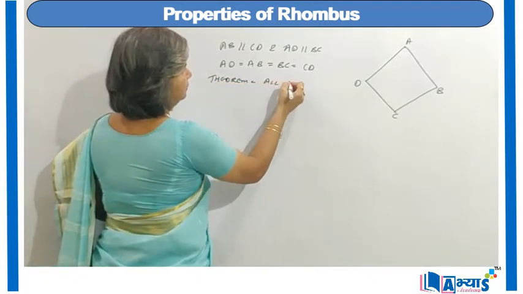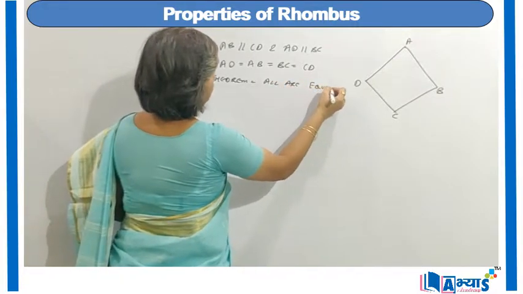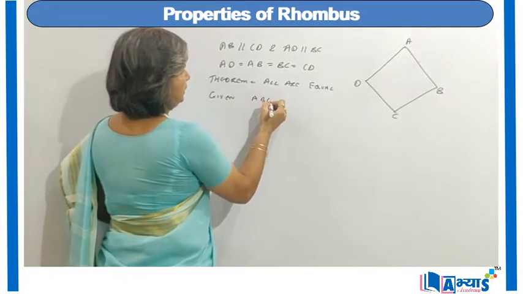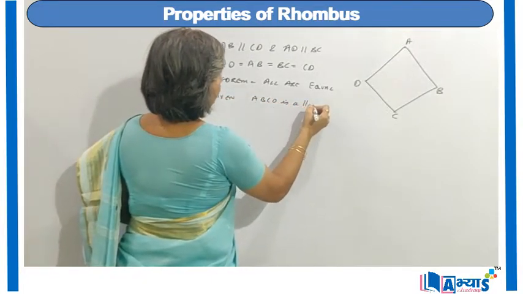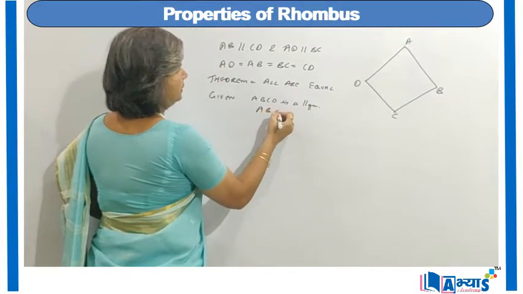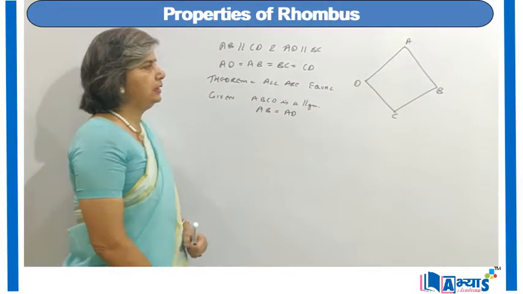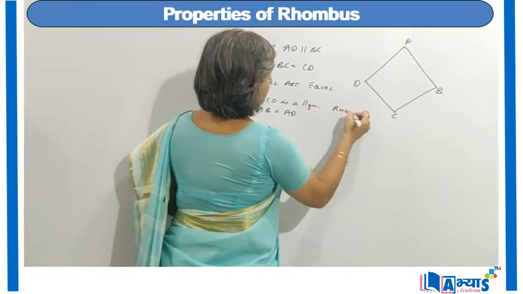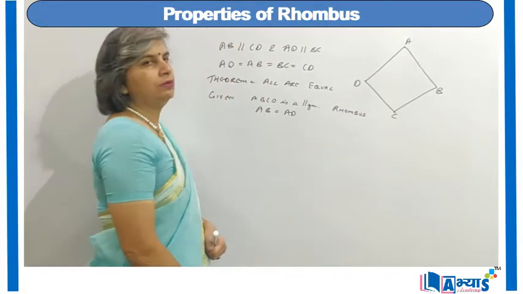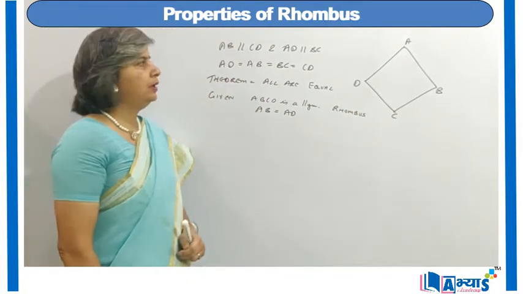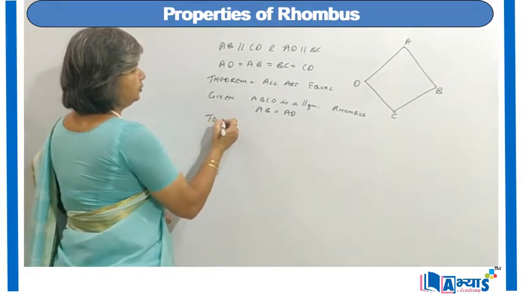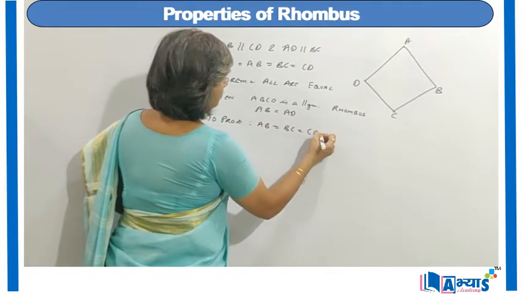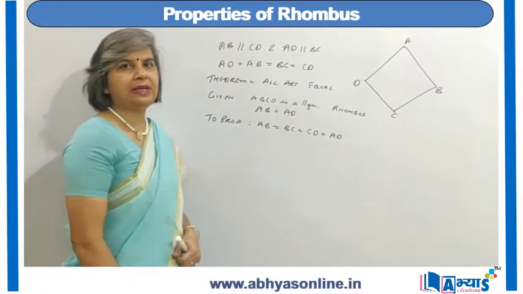It is given to us that ABCD is a parallelogram in which AB is equal to AD, or we can say ABCD is a rhombus in which AB is equal to AD, and we are supposed to prove that AB is equal to BC is equal to CD is equal to AD. That means all the sides are equal.